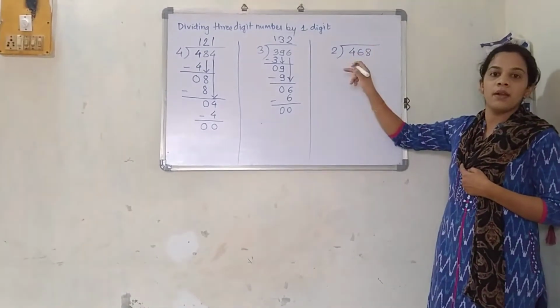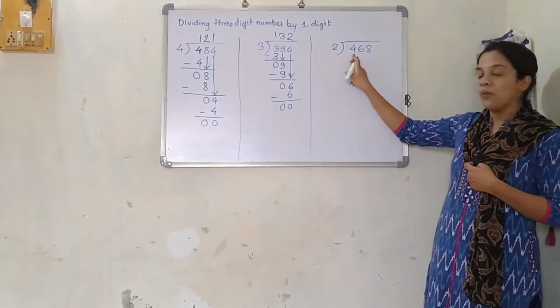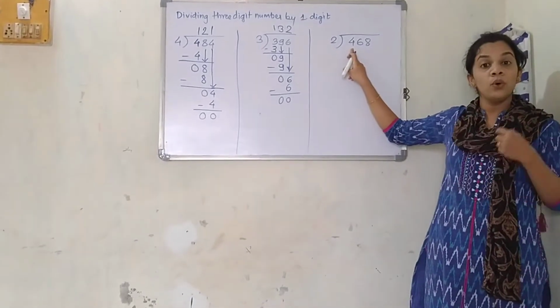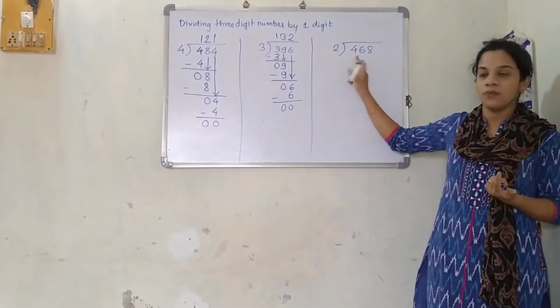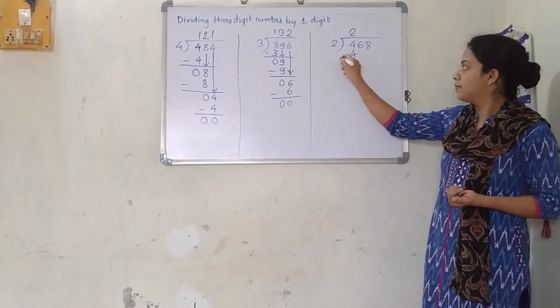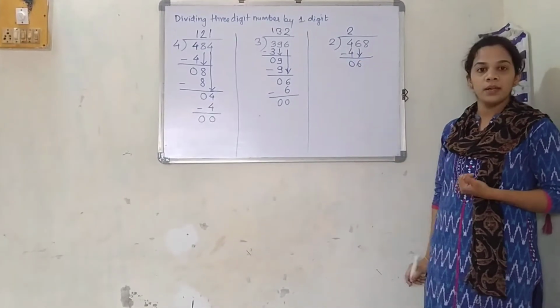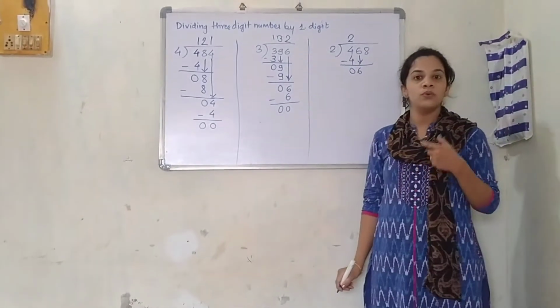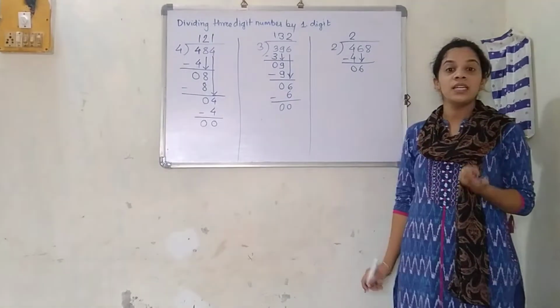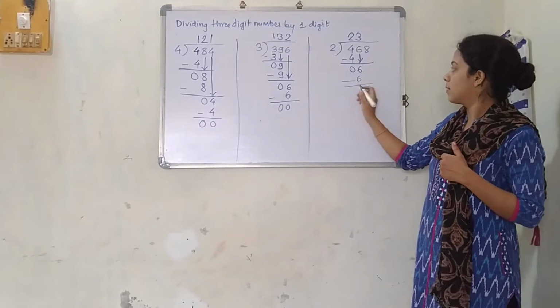2's table, we are going to divide this by 2. 2's table you are going to say up till 4. 2 ones are 2, 2 twos are 4. Okay. Now this 6 I am going to take down. 2 ones are 2, 2 twos are 4, 2 threes are 6.